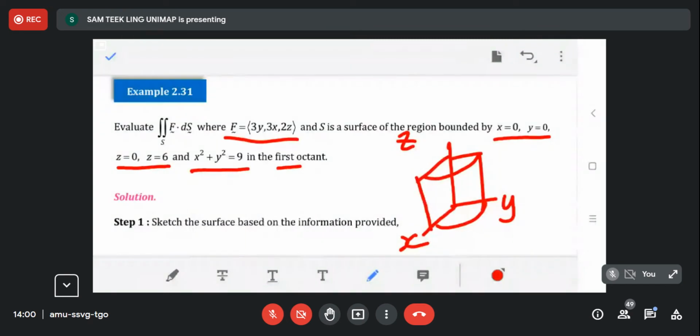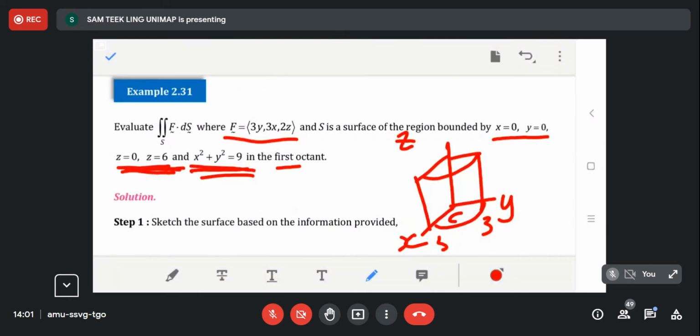You got one circle, x power 2 plus y power 2, which is a circle, plus two planes, z equals 0 and z equals 6. Your circle doesn't have z. So x power 2 plus y power 2 equals 9, so we know our radius is 3, and our z-axis is from 0 to 6. This comes from the question.